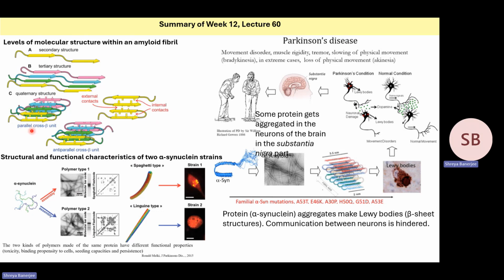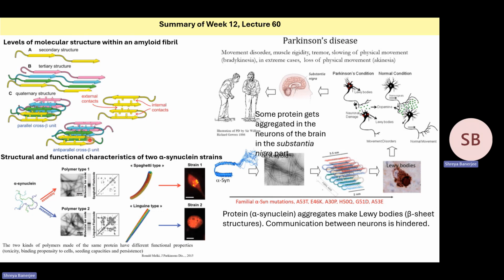You can see this is called a parallel cross beta unit because the lower beta sheet is parallel, and the upper beta sheet is also parallel. That is why it's called a parallel cross beta unit. Or they can be an anti-parallel cross beta unit. If you look at the lower sheet, the yellow is pointing this side, green is pointing this side. So the beta sheet is anti-parallel.